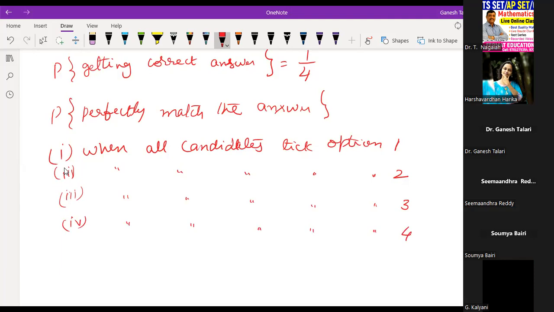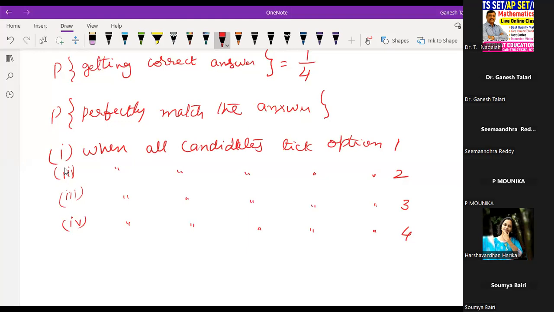Only these four possible ways that all the candidates will have the same answer. Exactly match their answers. Means that person A has option 1 and person B option 1, person C also option 1, then only their answer will be matched. Either it is correct or not, doesn't matter. Perfectly match the answer.